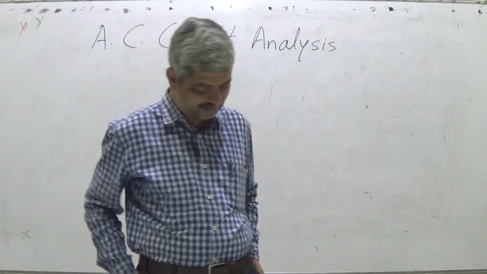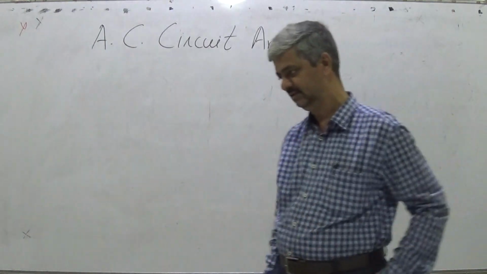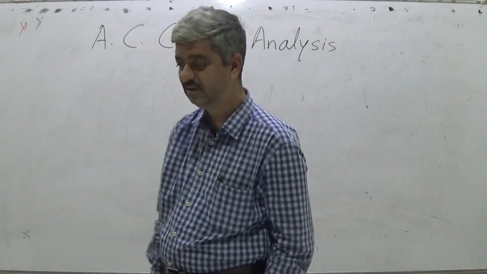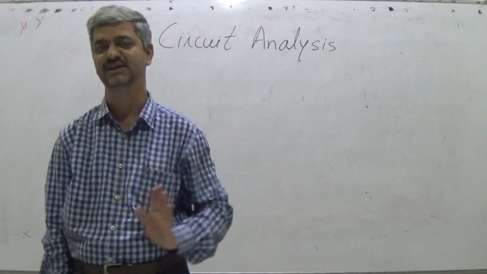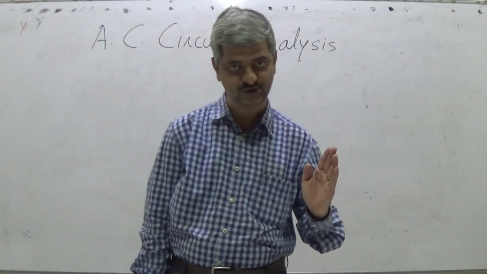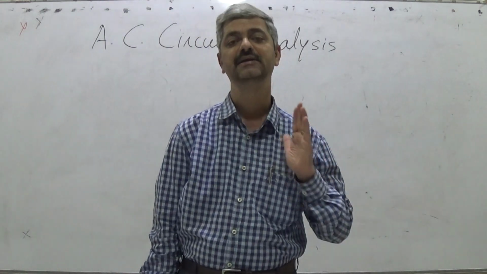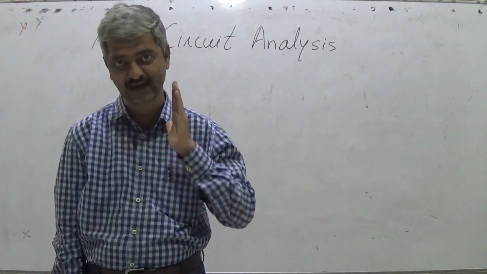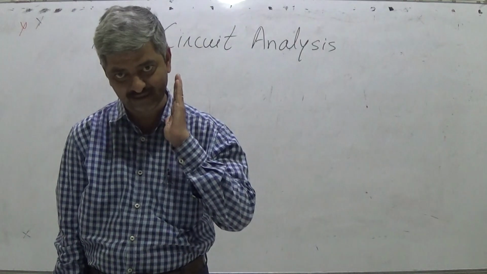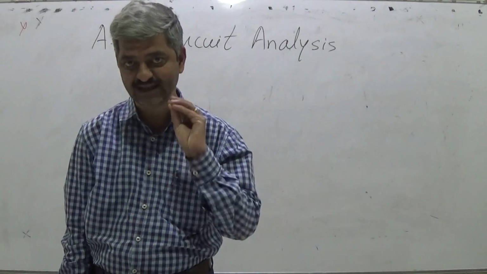I hope that in this subject we will now move at a rapid rate, because I have deliberately not touched upon the concept of current source initially. I have deliberately kept the concept of Laplace transform, complex numbers, and even the root of minus one, the imaginary concept, out of it.